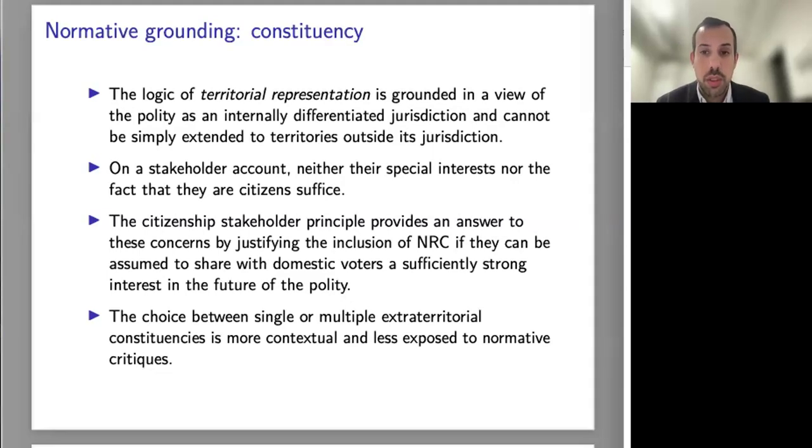We agree that multiple districts can balance out democratic distortions of geographical representation and introduce greater diversity of interest and perspective among the special representatives, undermining the problematic notion of a homogeneous national diaspora.